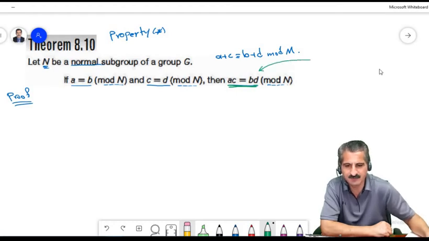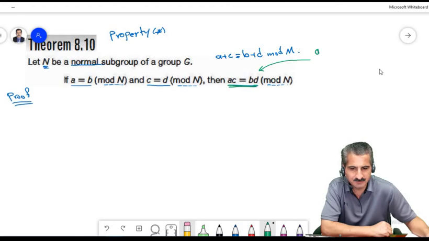To show that, we will show that AC times (BD) inverse belongs to N, correct? And that means AC D inverse B inverse belongs to N. If we can do that, then we are done.